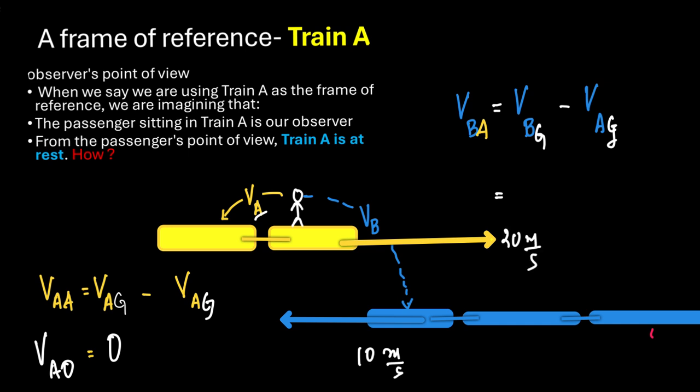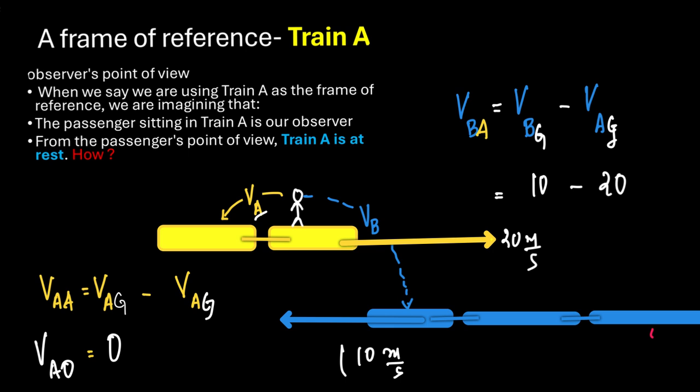Now, what is VBG? It is 10 minus 20, right? Is there a mistake? Exactly. Why? Because we are talking about velocity, and since velocity is a vector quantity, it should be supplied with direction. So we assume for this case that objects moving towards right are positive and towards left are negative.